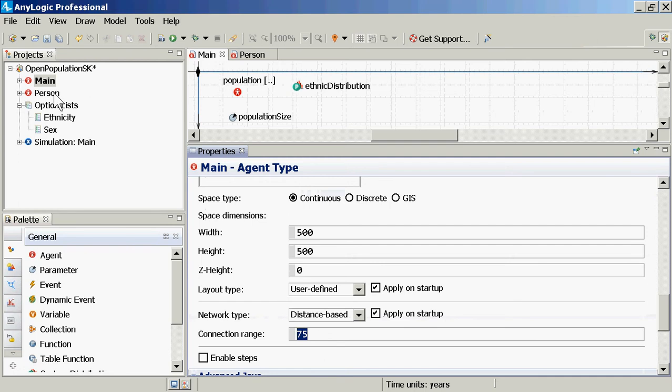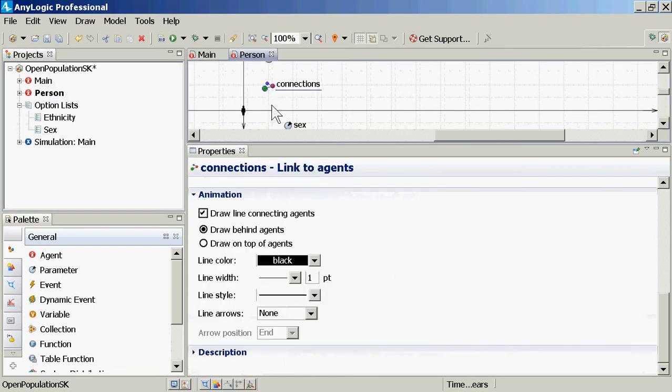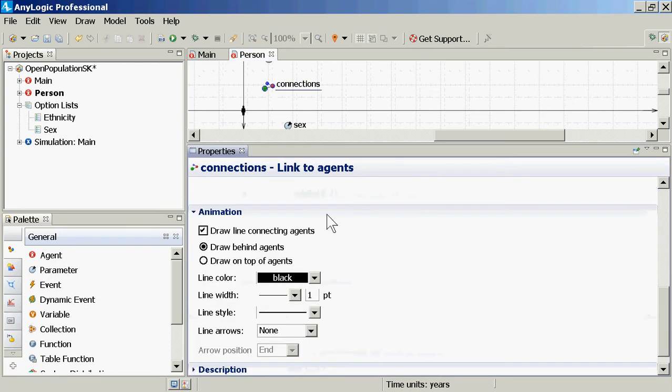So I set it to be 75, and then I go to person, and I set a person's connections. In person's connections, I scroll down from the top, and I set it to draw a line between connecting agents.